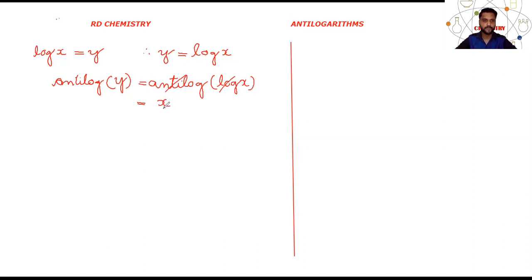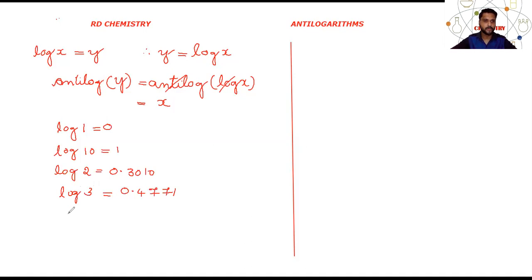Before solving problems, we will recall some log values. Log 1 is equal to 0. Log 10 is equal to 1. Log 2 is equal to 0.3010. Log 3 is equal to 0.4771.